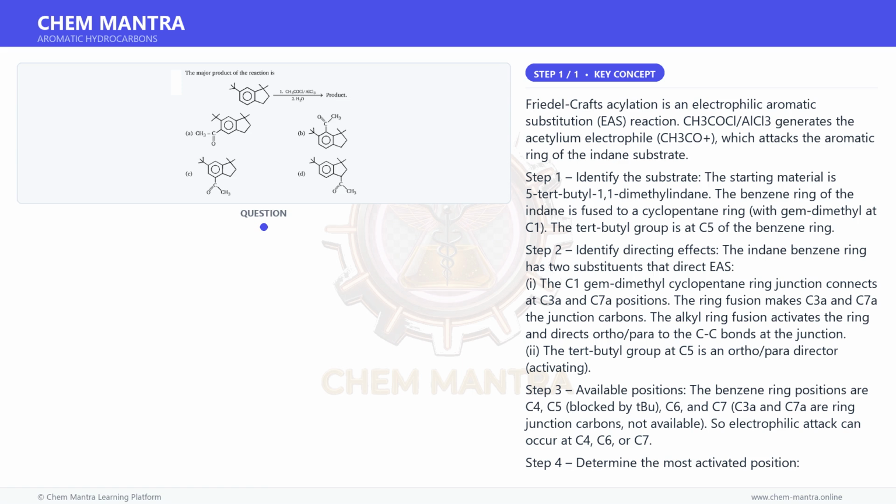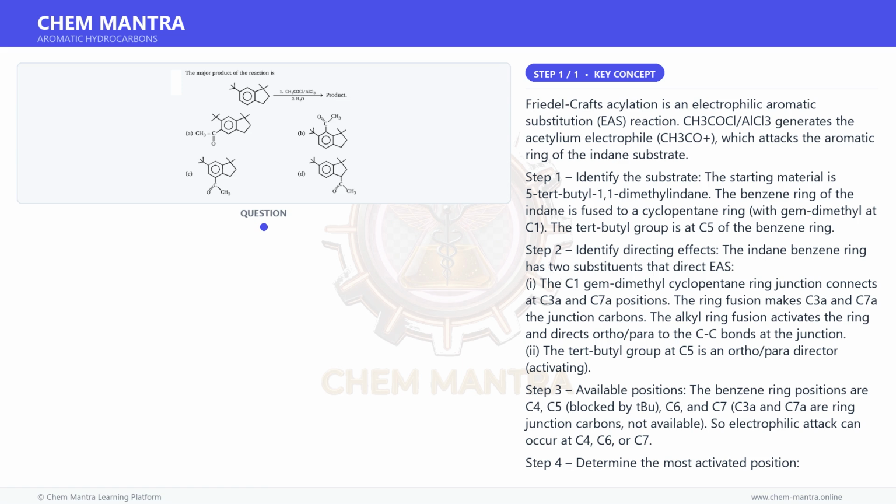The tert-butyl group at C5 directs ortho to C4 and C6 and para to C2, which is a ring junction, blocked. The ring junction at C7A, bearing the gem-dimethyl cyclopentane, directs ortho-para: ortho to C7A is C7 and C1, junction, blocked; para to C7A is C4.